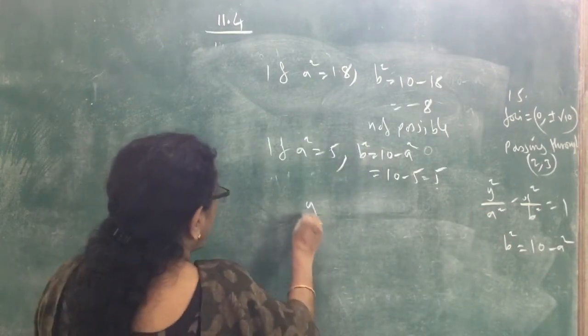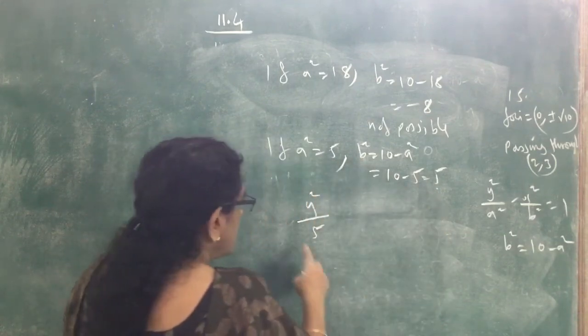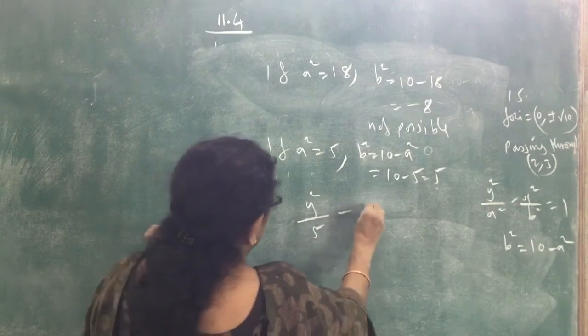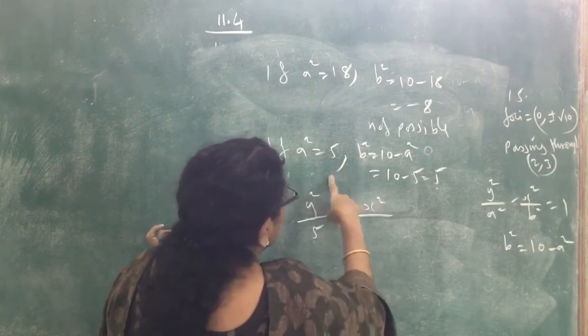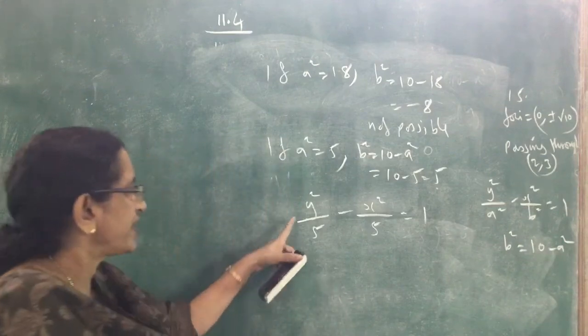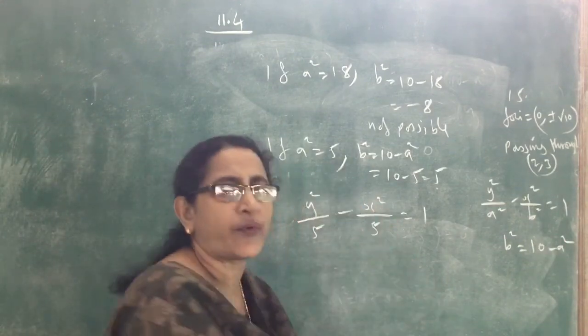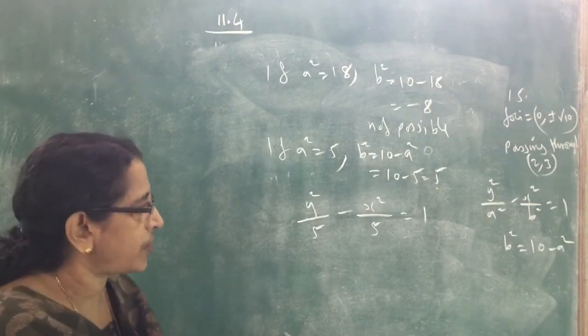Therefore the equation of the hyperbola is y square by a square minus x square by b square equal to 1, that is y square by 5 minus x square by 5 equal to 1. So that is the equation of the hyperbola.